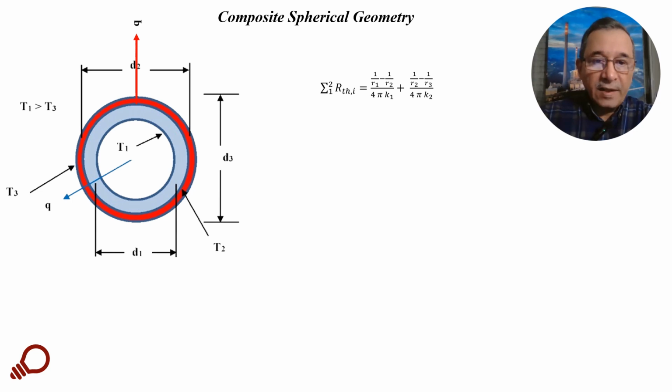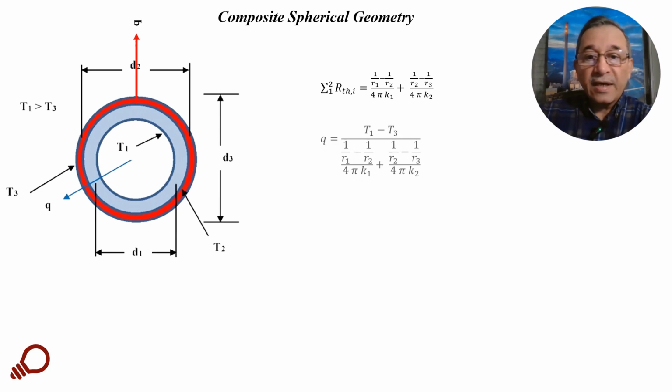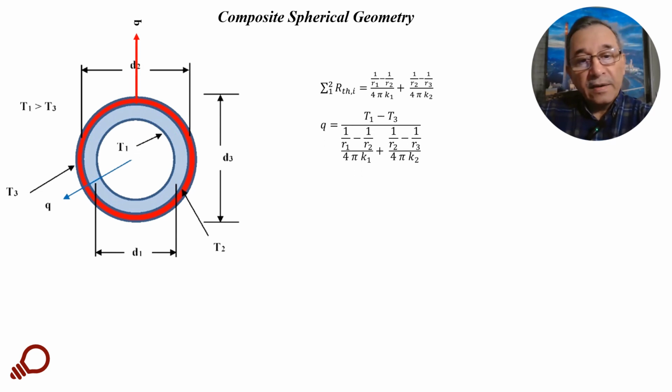Again, we have the summation of thermal resistances in series, which is composed of two. The first layer gives R thermal 1, and the second one gives R thermal 2.